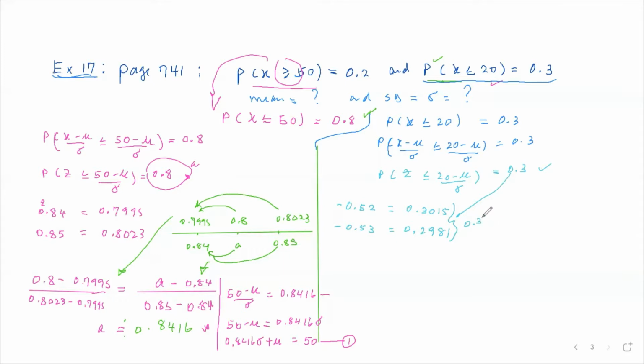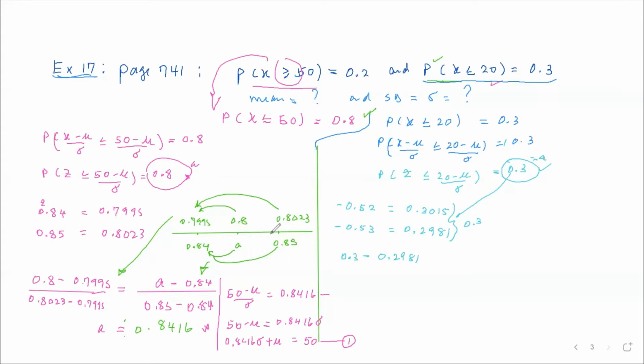0.3. Okay, so then do the same way like the ratios. 0.3 is between these two numbers. So you can start from, again, let this one or this one be equal to A. So this side we can start from 0.3 first. You can write down 0.3 at the ratio minus 0.2981.